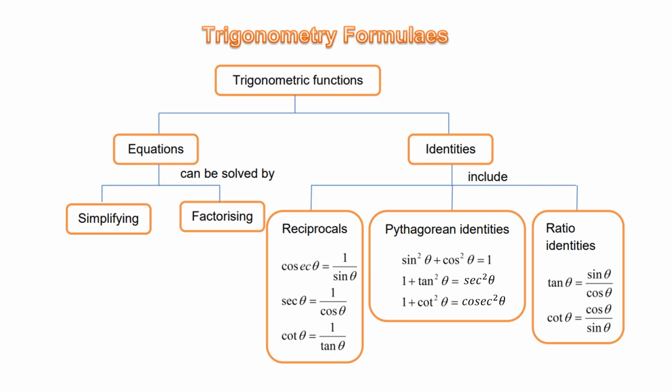Sometimes you may need to factorize common factors before you can use these identities. So in the next few slides, I'll show you some examples on the trigonometric equations that you need to familiarize yourself with.